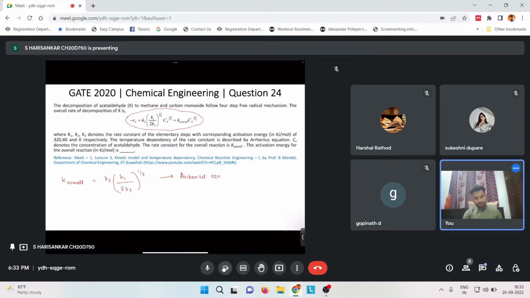So by Arrhenius, K is equal to K0 e raised to minus E by RT. So what we have to do here is substitute this Arrhenius law into K1, K2 and K3. So let's see how we can do that.